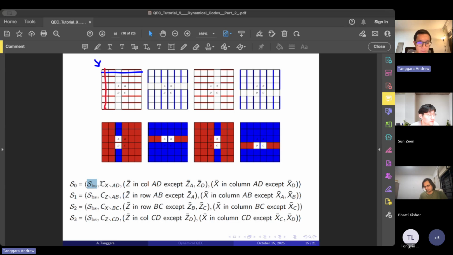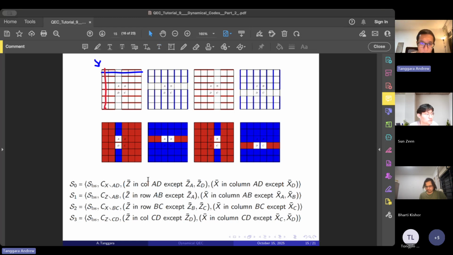And then you're also going to have the checks that generate the ISG. And what you're going to get in addition is the gauge operators that you fix in this measurement round.